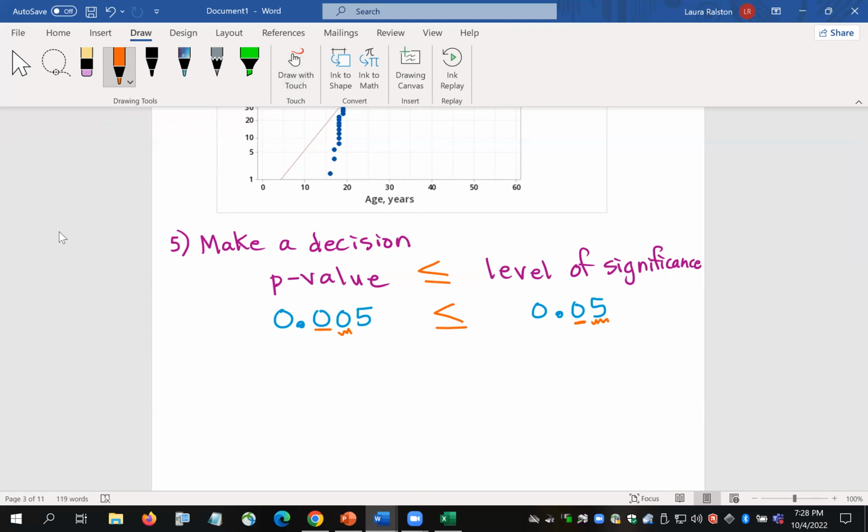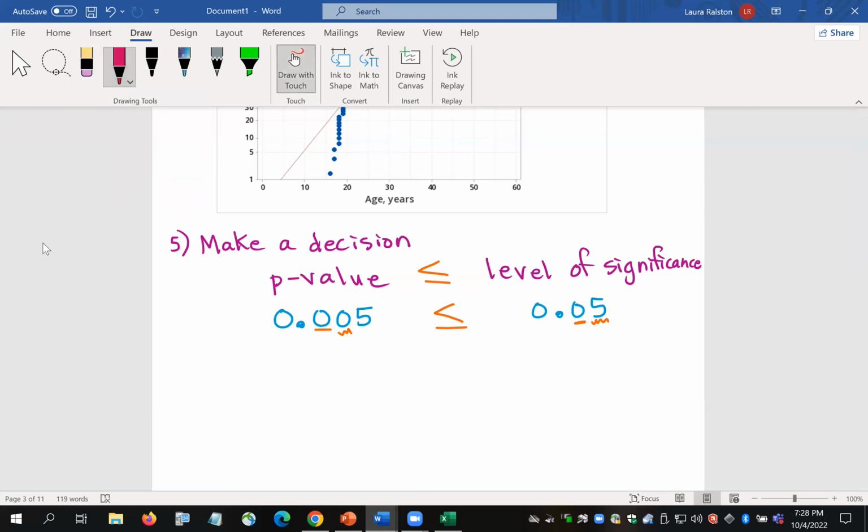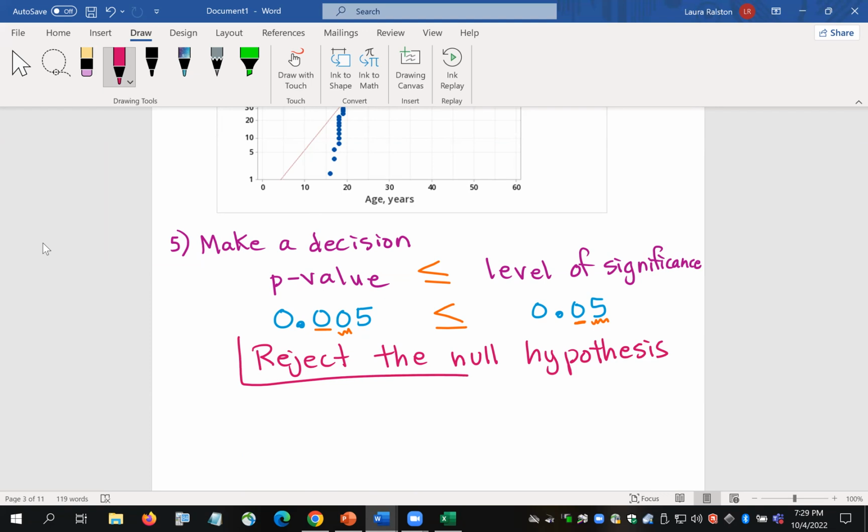The guideline said if the p-value is less than or equal to the level of significance, then we reject the null hypothesis. Guys, you have to write this statement.